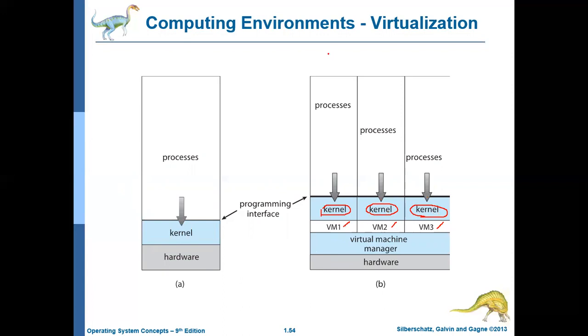So the user can use it as a Windows environment or a Linux environment, or if the user wants to use it as a Mac system, he can. This type of environment is called a virtual machine, and it is achieved through the Virtual Machine Manager.